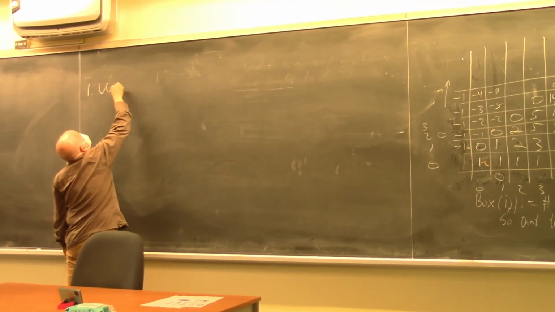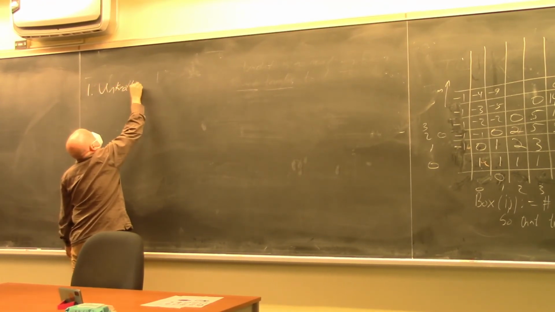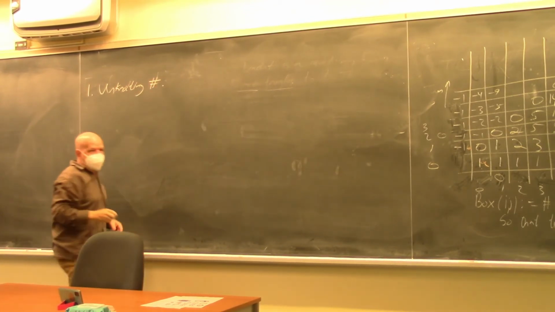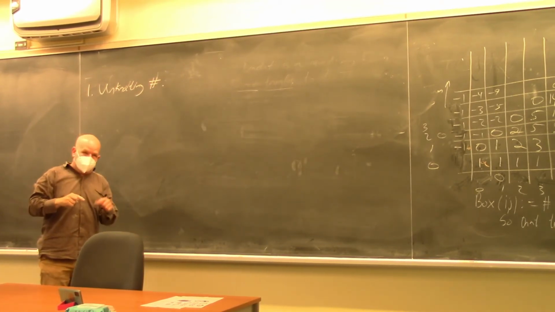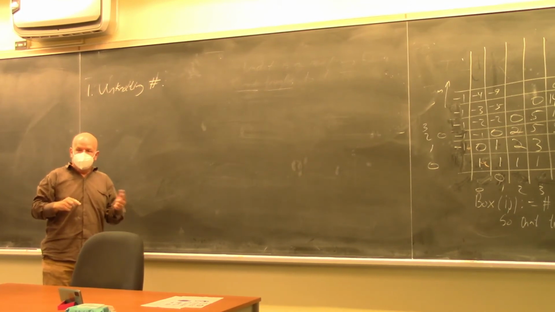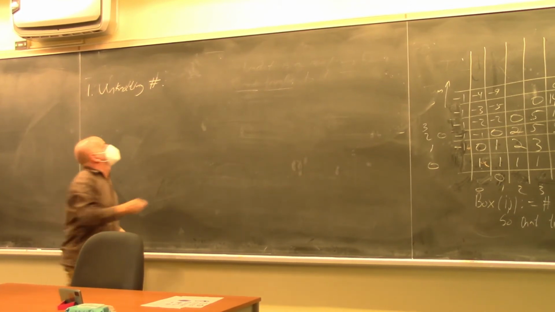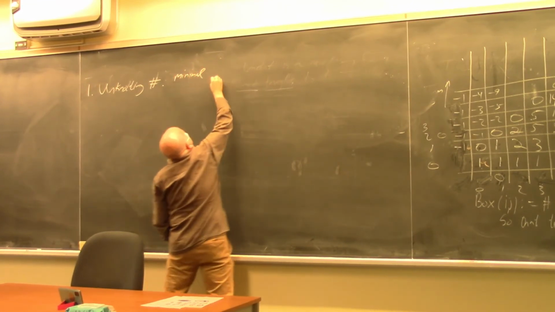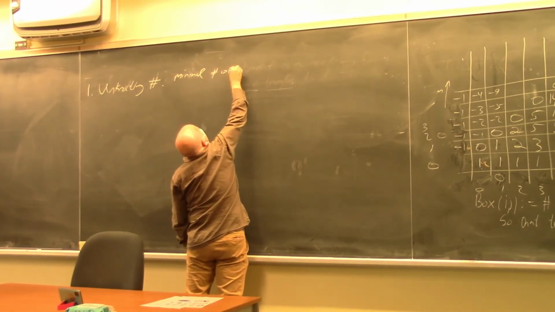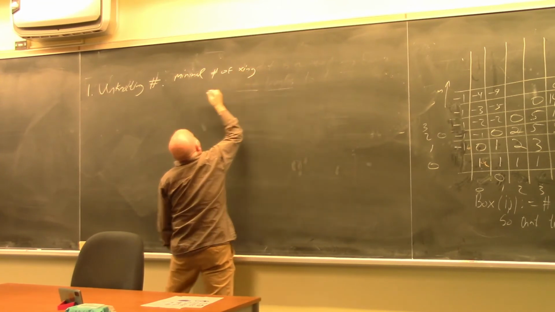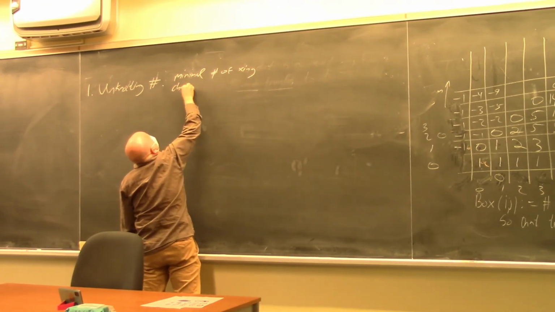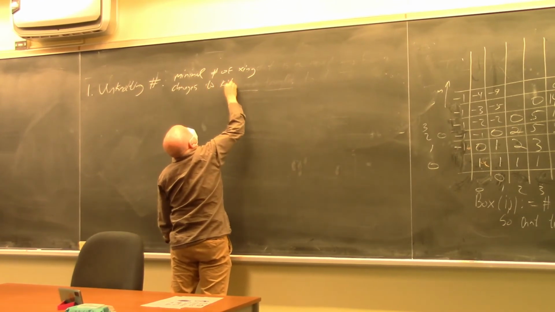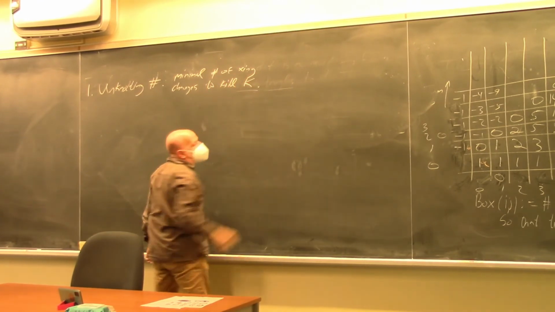The unknotting number is the minimal number of crossings you have to flip to turn the knot into the unknot. So the minimal number of crossing changes to kill a knot K.